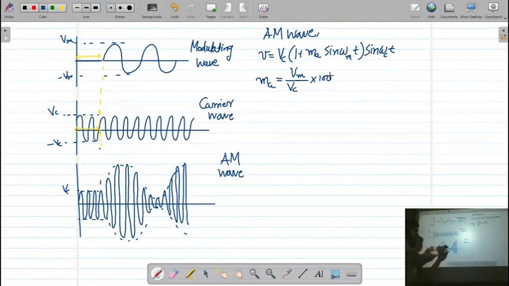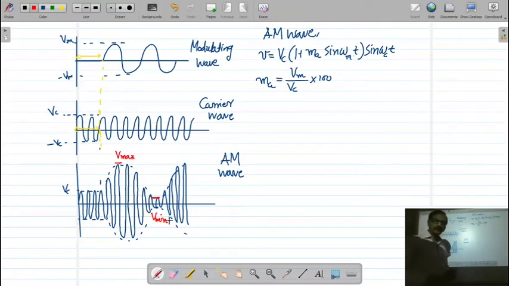Now concentrate on this waveform. Here we have a maximum voltage at this point, you can say V maximum is here, and at this point we have the V minimum voltage.